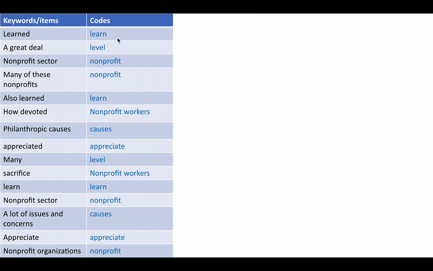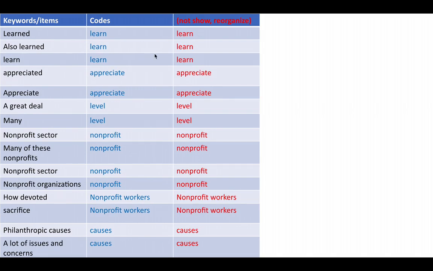Before reorganization, you have "learned a great deal," "nonprofit sector," "many of the nonprofits," etc. After reorganization, because you put all the similar and the same codes together, then you have learned, also learned, learn, appreciate, etc. So these are the similar and the same codes, but reorganized, by grouping similar and the same codes together.